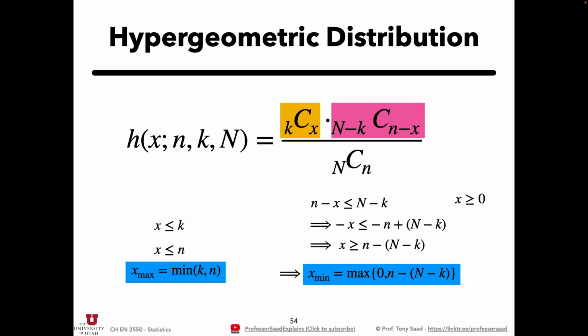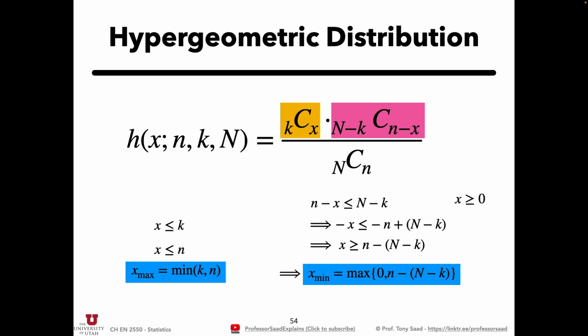If you look at the first one, x must be less than k, but also x must be less than n, lowercase n. So in other words, the maximum x that can occur is going to be the smaller of these two values. That's your maximum x that you can achieve, or the maximum number of successes in a given experiment.